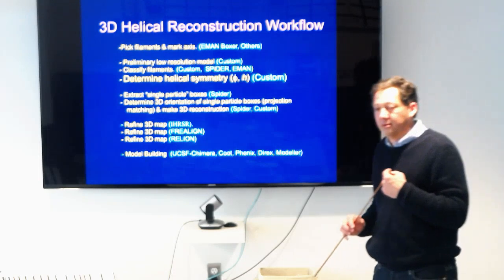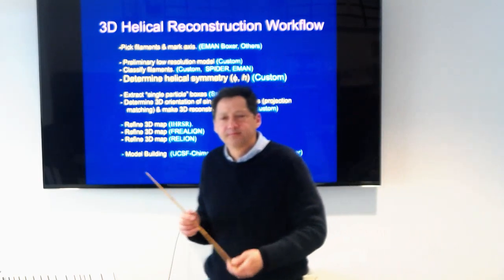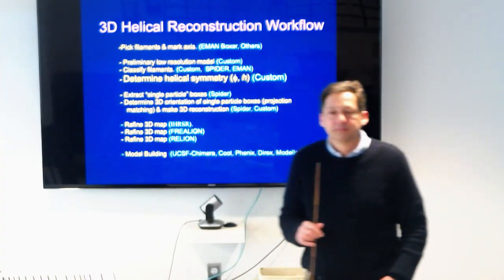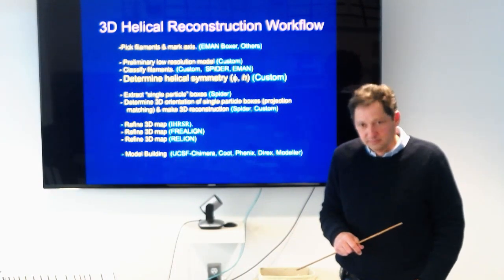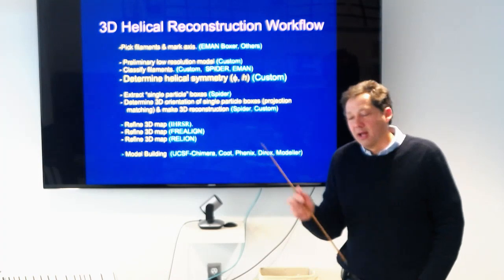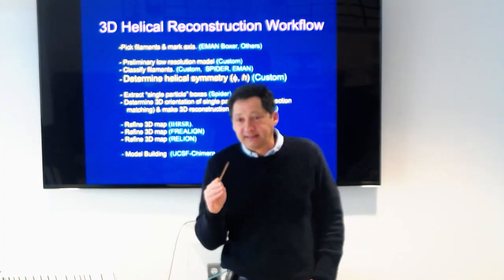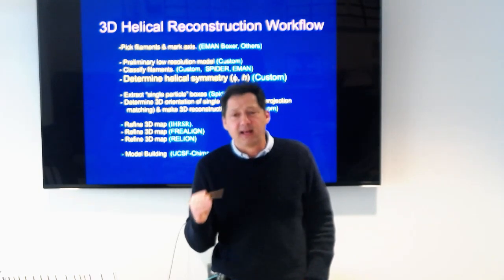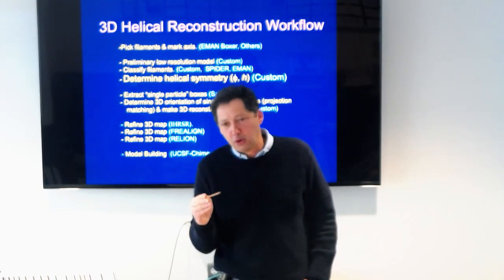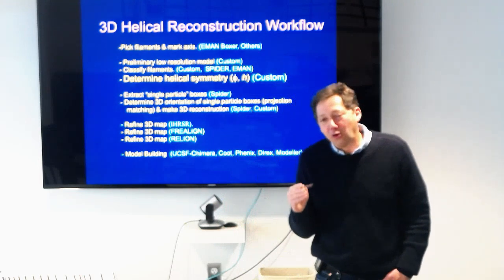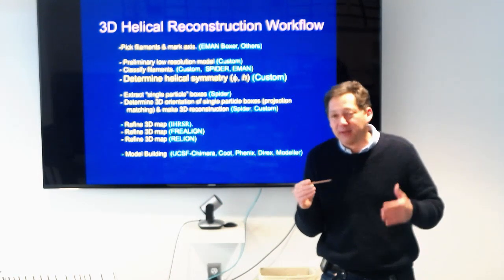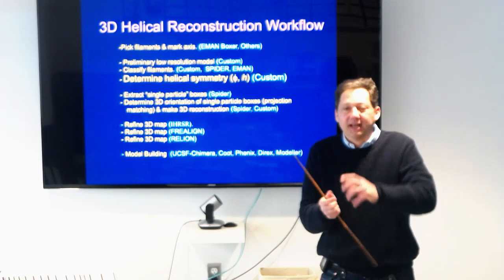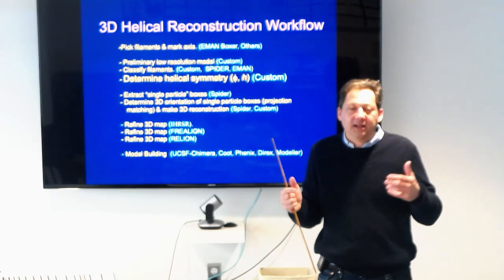So this is a question from YouTube. One of the students asked, what will be the validity proof that you're refining the structure and not making one up? Yeah. I mean, that has happened, and there have been papers, but that was particularly during the blobology time, because all these reconstructions, even below 10 angstrom, you will get something that looks reasonable and say it's great.